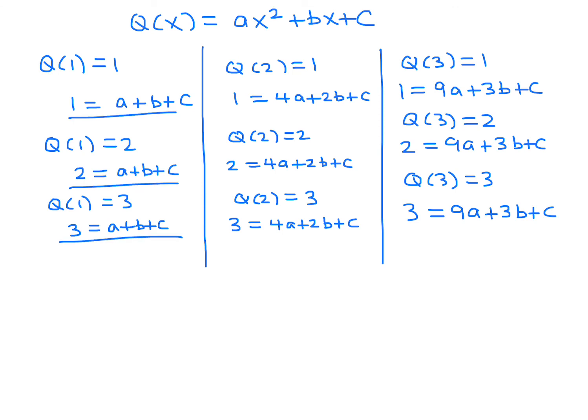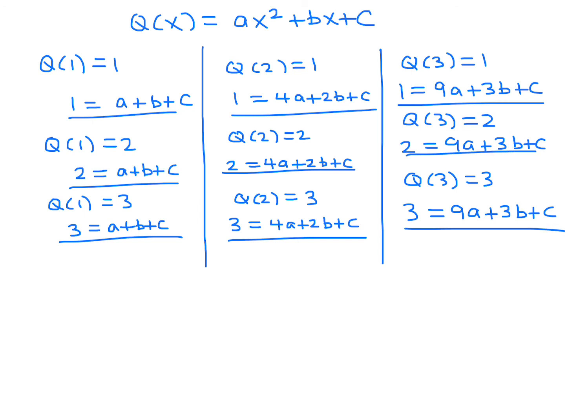Well, that means that we've got 9 different scenarios, correct? 1, 2, 3, 4, 5, 6, 7, 8, 9. So for q of 1, I've got 3 different possibilities. For q of 2, I've got 3 different possibilities. And for q of 3, I've got 3 different possibilities.